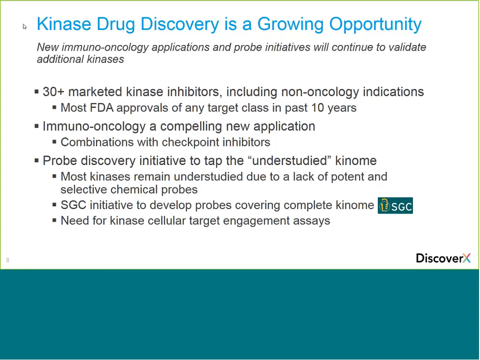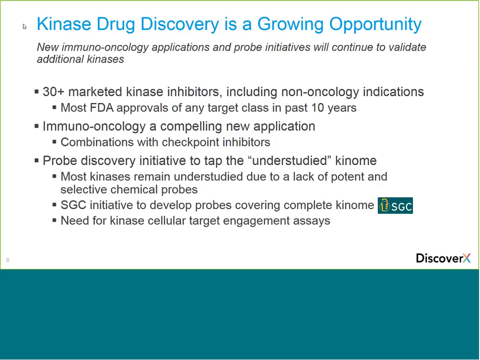Secondly, folks at the Structural Genomics Consortium, the SGC, who we collaborate with quite closely, have been asking the question, why is everyone only studying 15% of kinases when there's another 85% out there? And what they identified was that the limiting step was a lack of potent and selective tool compounds, chemical probes, for the understudied kinome.